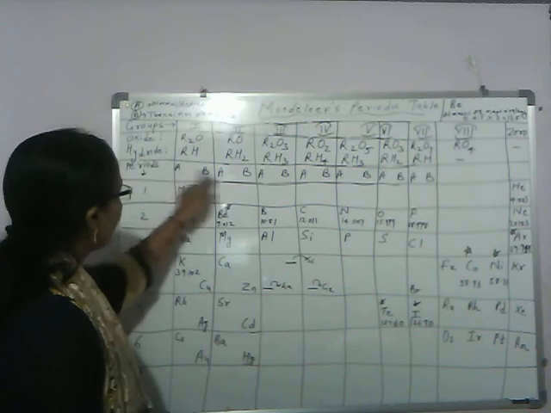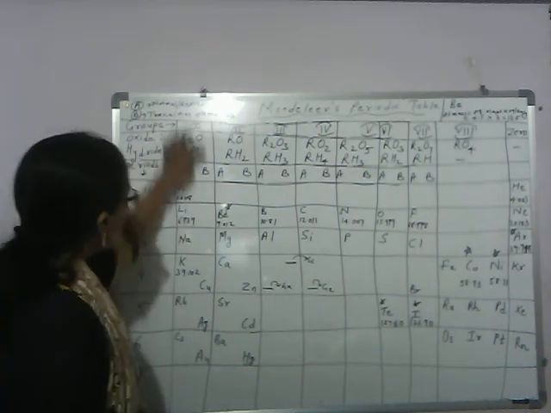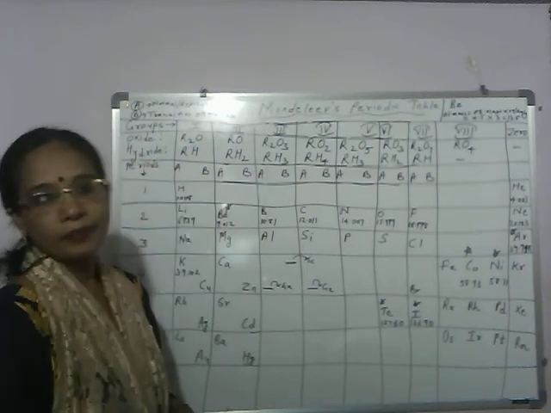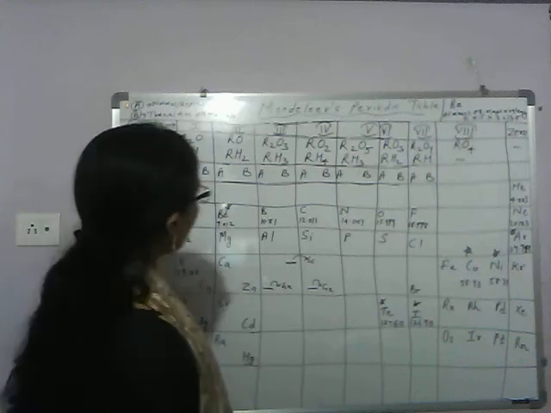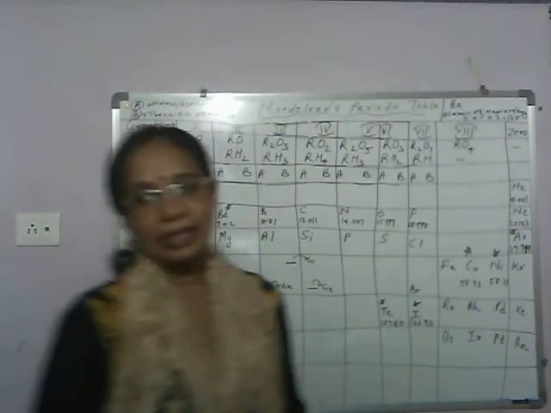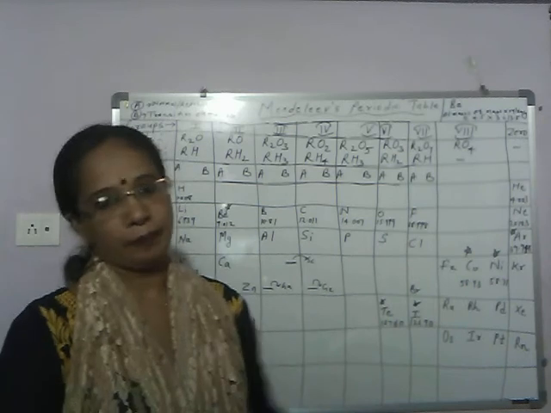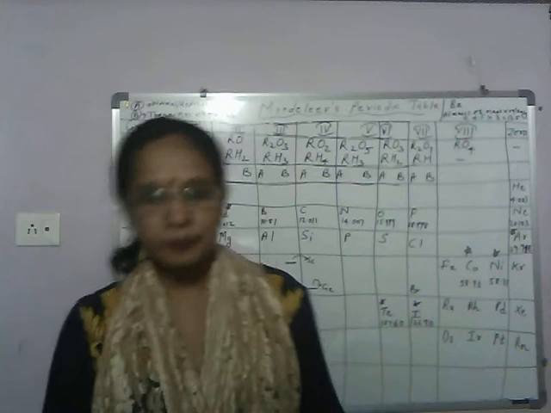And each group is subdivided into subgroups. 1A, 1B, 2A, 2B, 3A, 3B. So group 1 to group 7 is again subdivided into subgroups A and B. But group 8 is not subdivided.